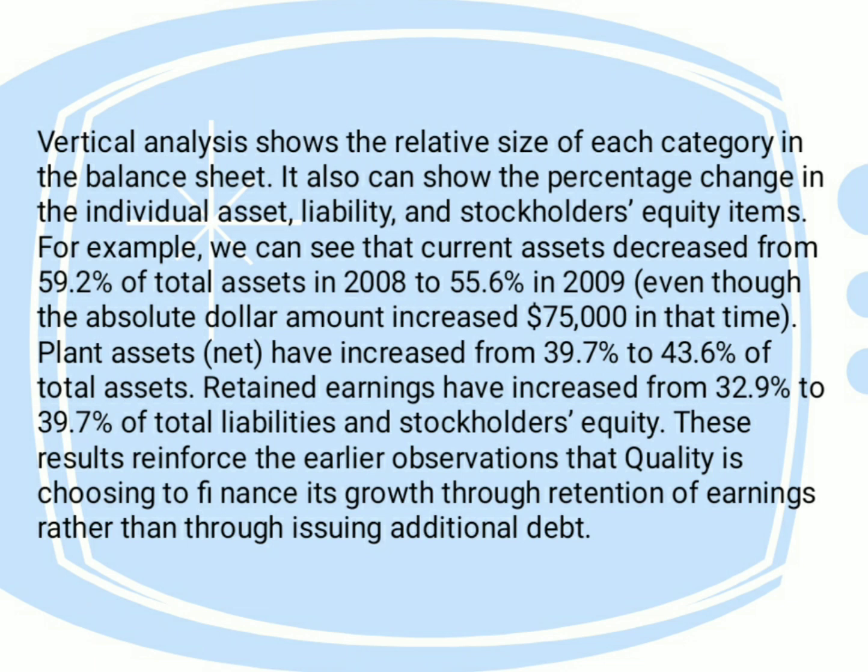For example, we can see that current assets decreased from 59.2% of total assets in 2008 to 55.6% in 2009, even though the absolute dollar amount increased 75,000 in that time. Plant assets have increased from 39.7% to 43.6% of total assets.